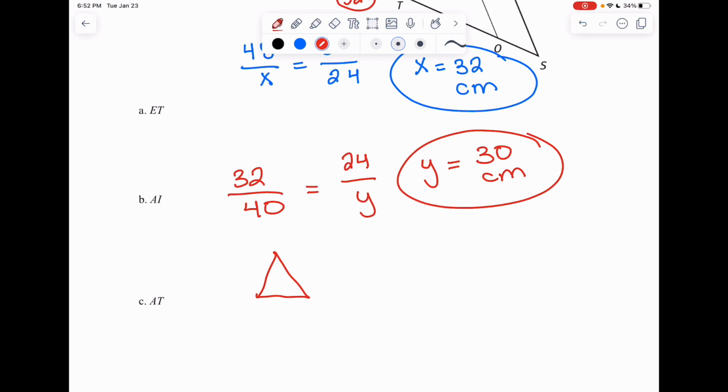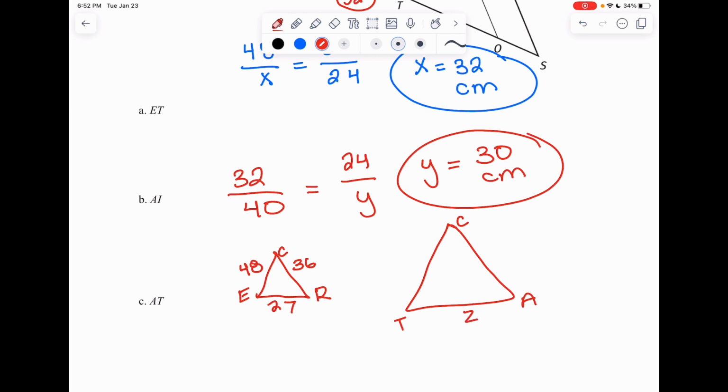So I can say triangle ECR, and the bigger triangle that includes AT and C. I know that EC is 48 centimeters and CR is 36 centimeters and ER is 27 centimeters.